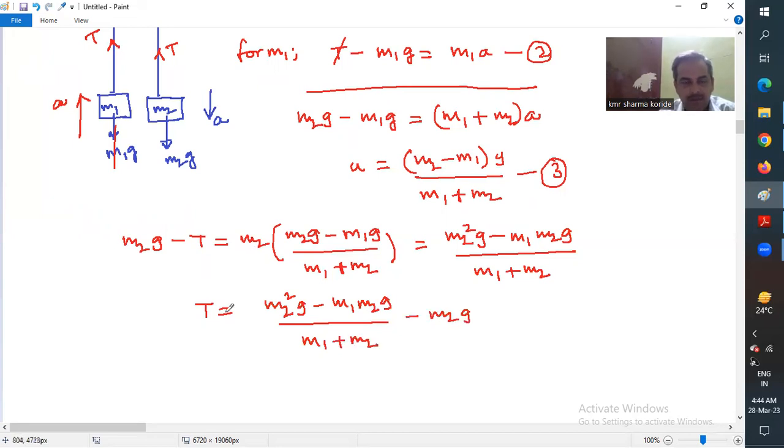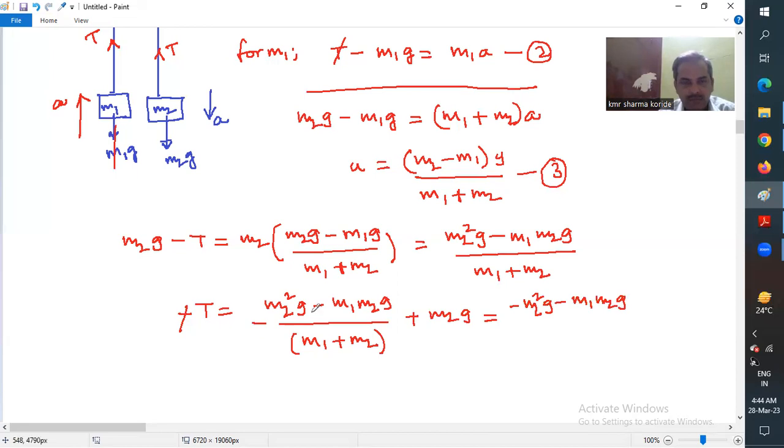But remember, this is minus T, so if you cancel this minus, this entire quantity will have minus, but this quantity will become plus. After taking LCM (m1 plus m2), minus m2 square g will continue, and m1 m2 g will also continue.